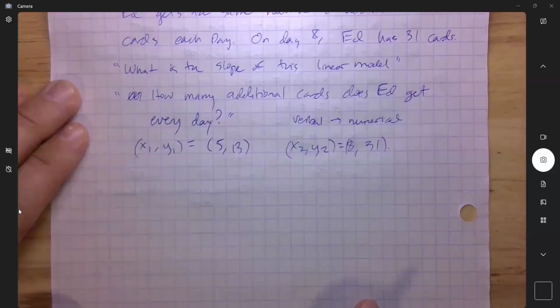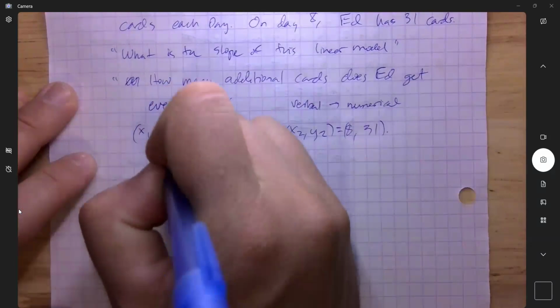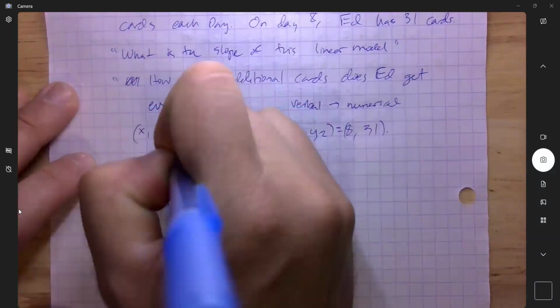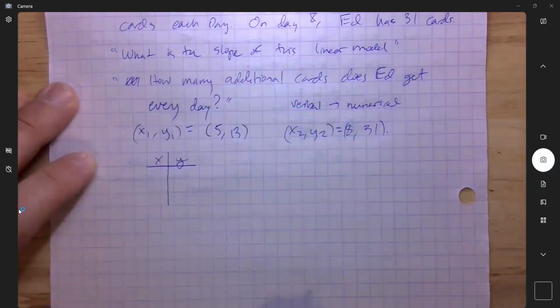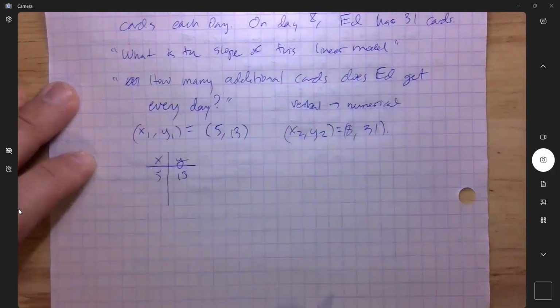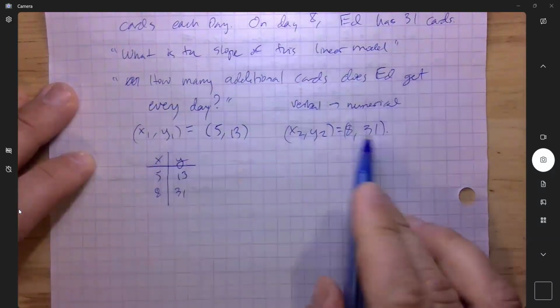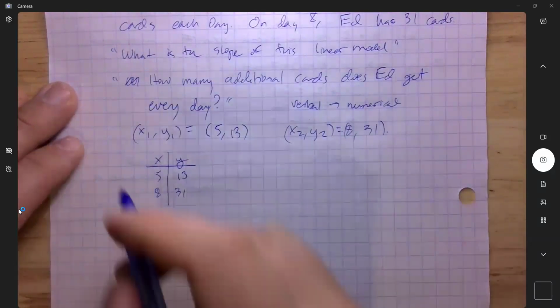And now we can build our table, or we can do it symbolically. But I'm going to do the table because this is really how I recommend you do it until you get super comfortable. 5, 13, that's one of our coordinate points, and 8, 31, that's one of our coordinate points.